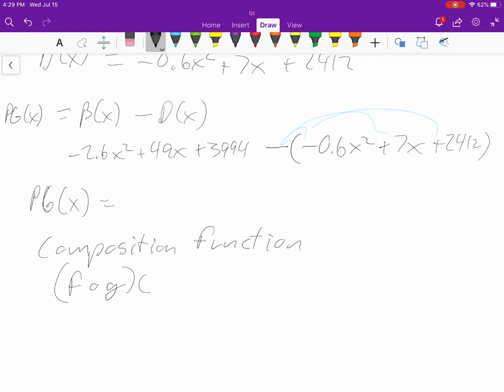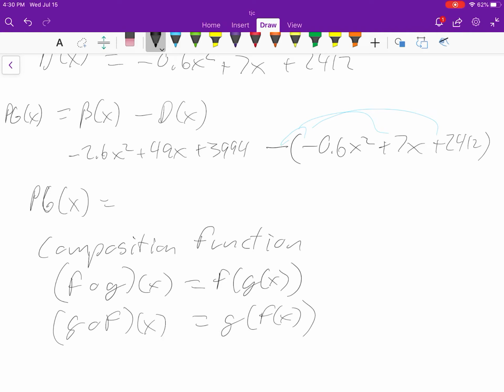You're going to have f of g of x. What f of g of x is, you take the f function, you plug the g function in for x in the f function. So f of g of x is the f function with g plugged in. g of f of x is the g function with f plugged in.